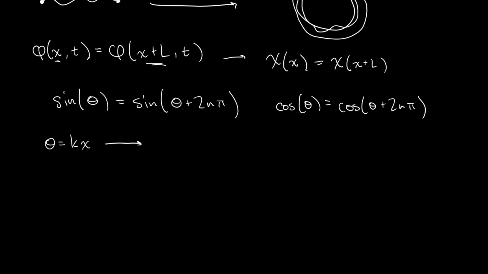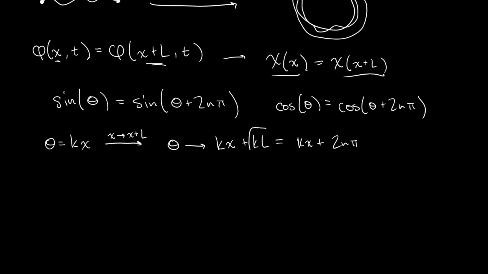So then when I take x to x plus L, going from this piece to this piece, then I know that theta should go from kx to kx plus kL. But this should just be equal to kx plus 2n pi, because this is what I have in the arguments of my sines and cosines. So this is what I should get when I make this shift.